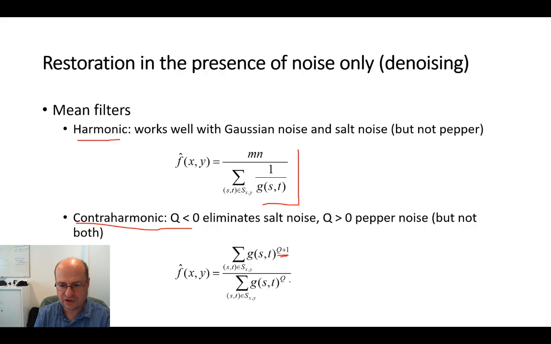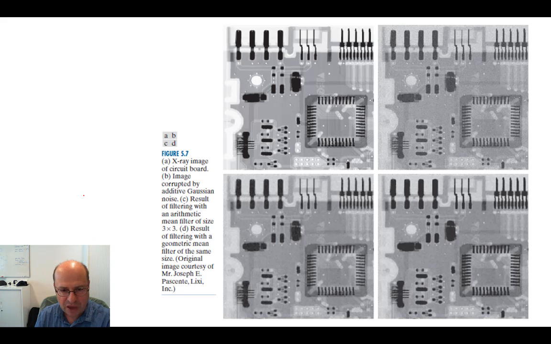Contraharmonic has an index here: if the index is less than 0, it eliminates salt noise. If the index is greater than 0, it eliminates pepper noise, but not both at the same time. Again, which filter you're going to use depends on the kind of noise that you have.